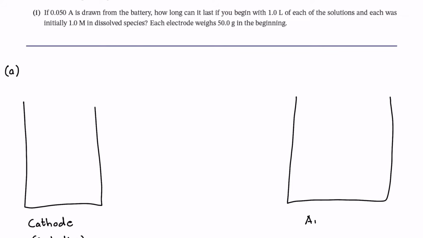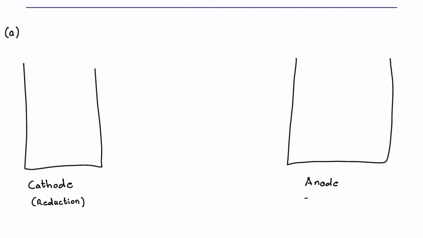And our anode is on the right hand side, and it's the electrode where oxidation occurs. All right, good.